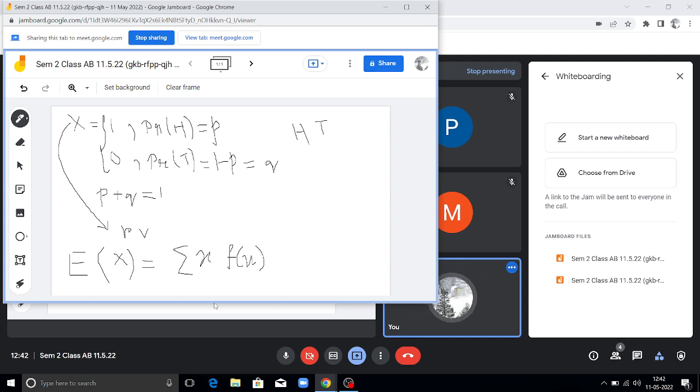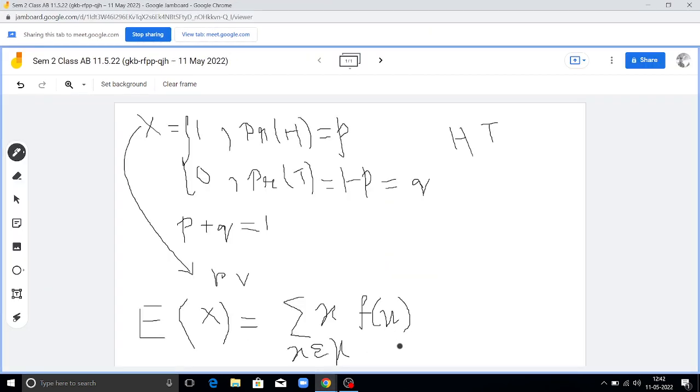These are the mass points. x is the mass point, and x can take up the values in the range specified by capital X. So we write it as this, the range of capital X, script X. So x belongs to script X.